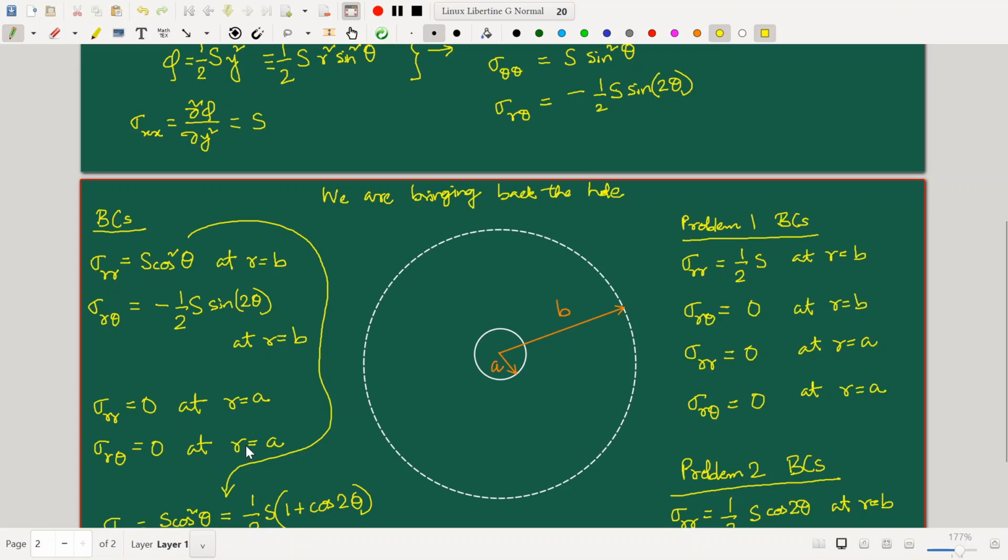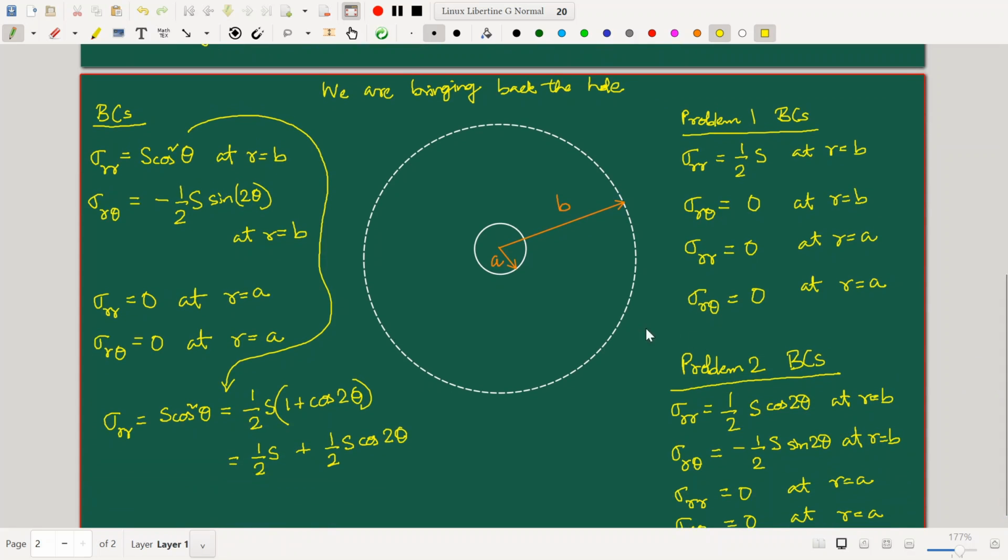Now we would very much have liked to solve this problem directly, except that these boundary conditions are not very convenient. So we go an extra step and decompose this problem once more into two problems.